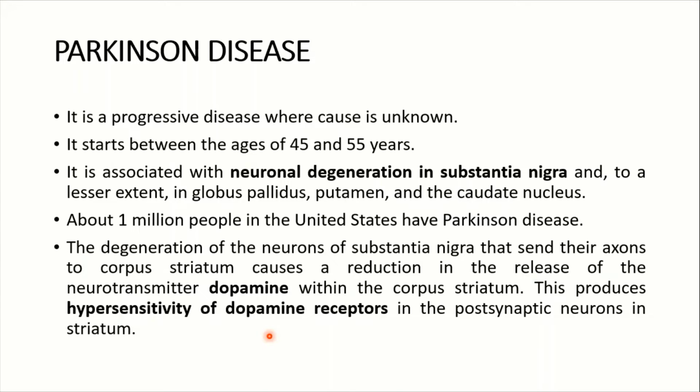So it causes a reduction in the release of neurotransmitter dopamine within the corpus striatum. So in a nutshell, dopamine within the corpus striatum is decreased. So what occurs as a result of this decrease in dopamine within the corpus striatum? There is the hypersensitivity of the dopamine receptors in the postsynaptic neurons in the striatum. You know, the corpus striatum is the caudate and the putamen.